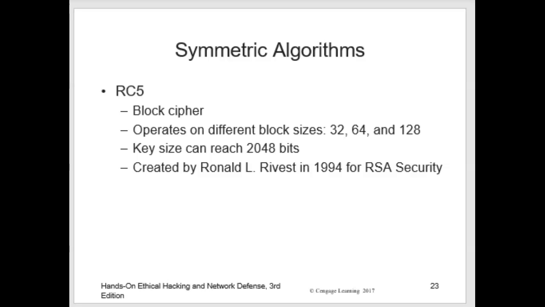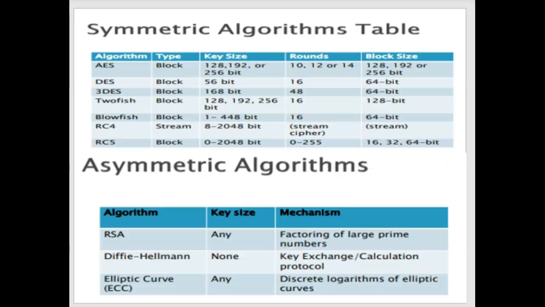And then we have the RC5 symmetric algorithm. It's a block cipher, right, that can operate on different block sizes like 32, 64, or even 128-bit. Now what I did was I put here, from some slides that I've made before, the algorithm tables. At the top are the symmetric algorithm tables.